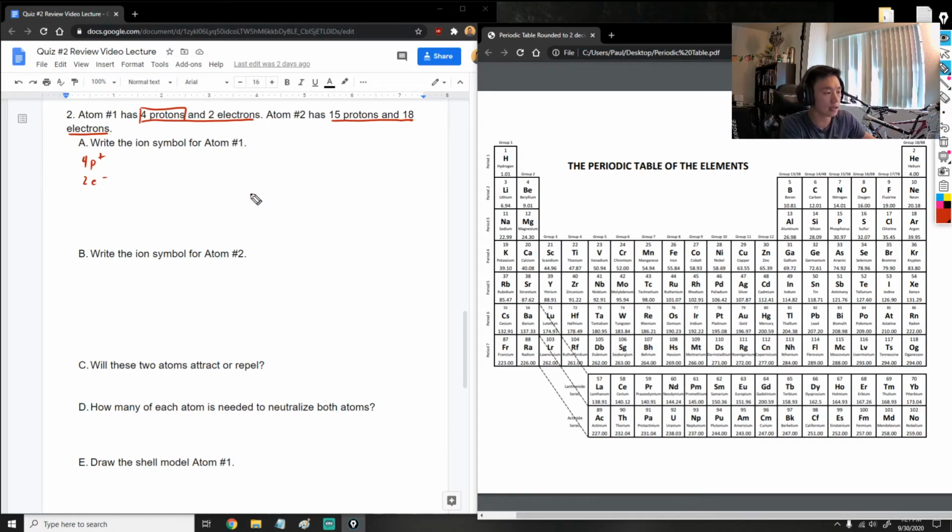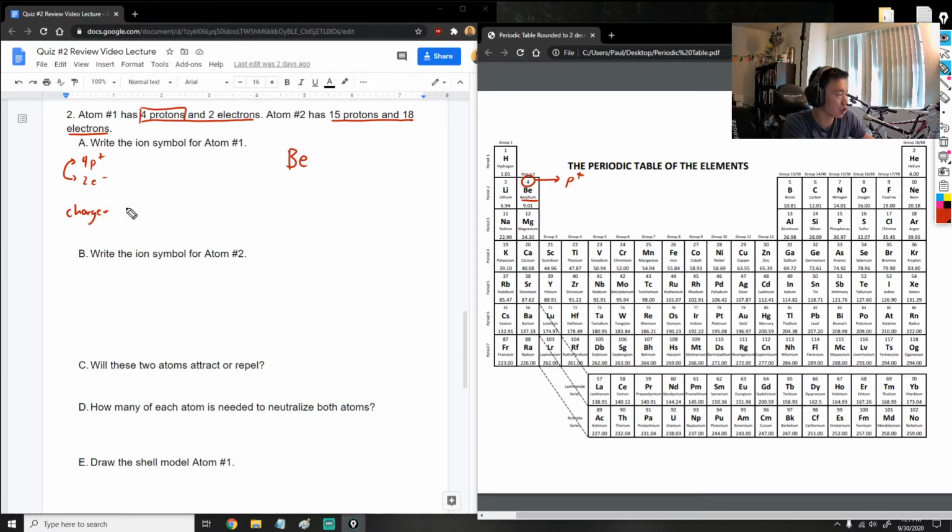Now the element is determined by the proton. So we just go on the periodic table and look for the number 4 on top. You should find number 4 right here. The number on the top is the proton. So we know that atom number 1 is beryllium. The symbol is Be. But if you notice, the protons and the electrons are not the same, so that means we need to find the charge.